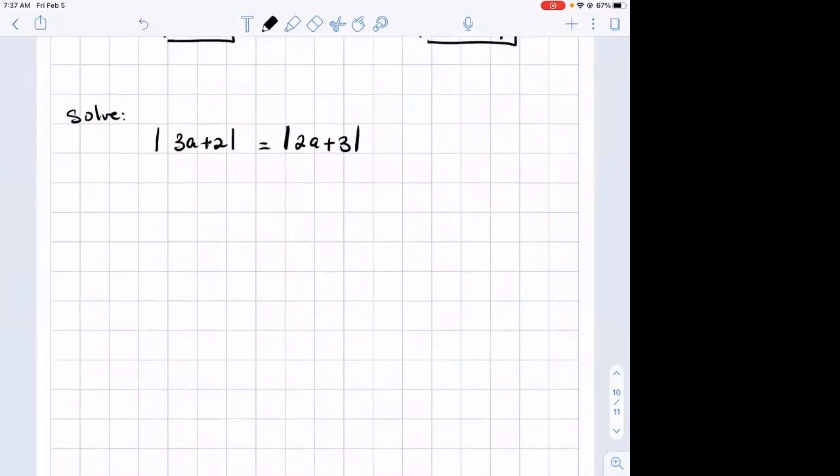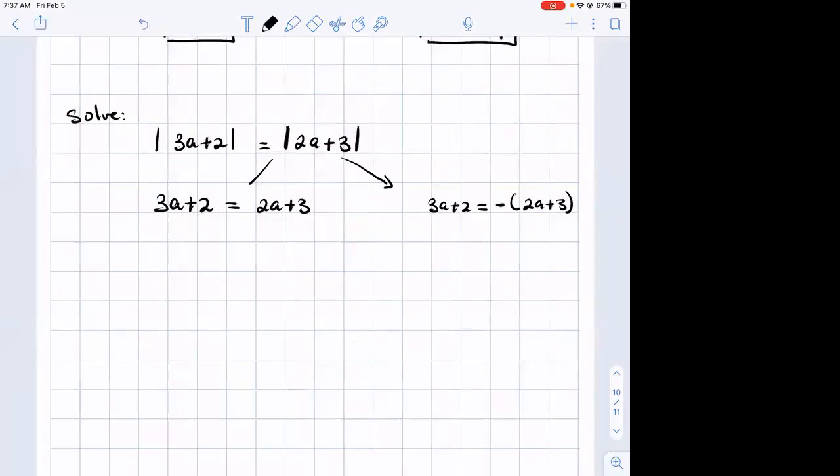So we treat this the same way we did. Okay? What we do, we take the 3a plus 2 and we said that is equal to 2a plus 3, and okay, we say 3a plus 2 is equal to the negative of 2a plus 3.